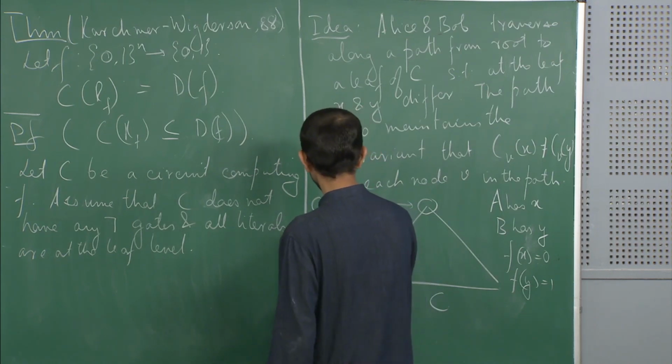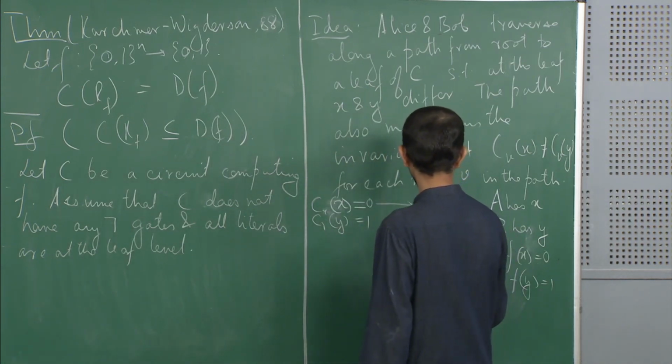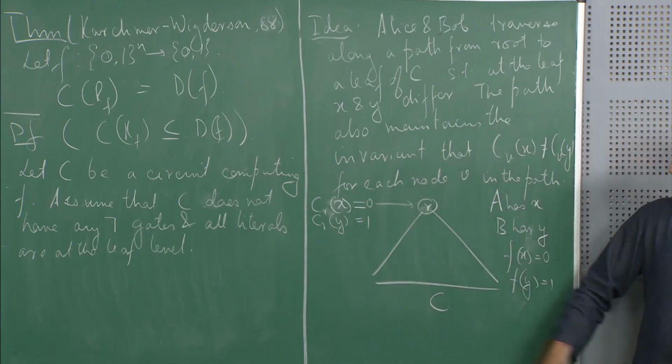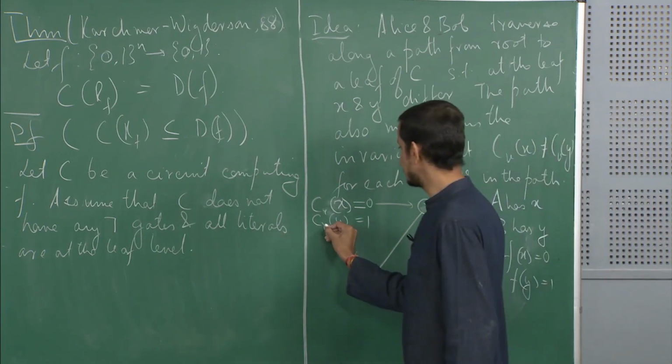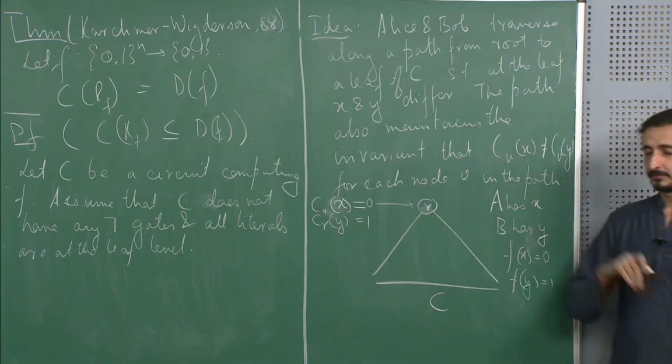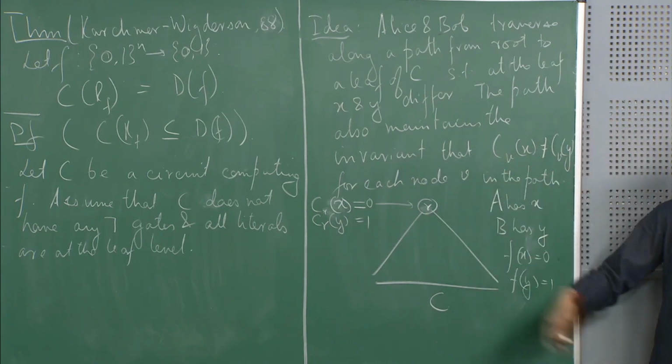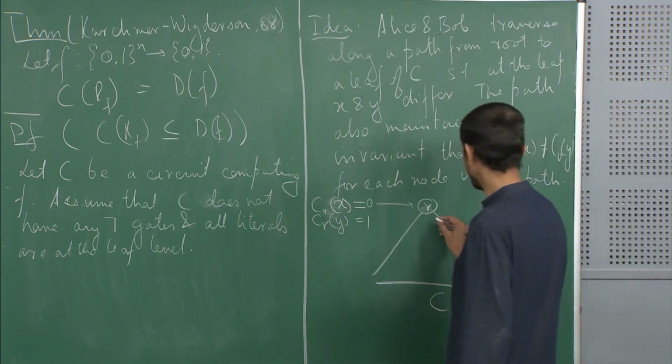Let's use a subscript to denote which node I am looking at. So CR of x is 0 means that at the root they evaluate to 0. This is what is given to us. Now I have to find a path. Alice and Bob have to agree on a path.